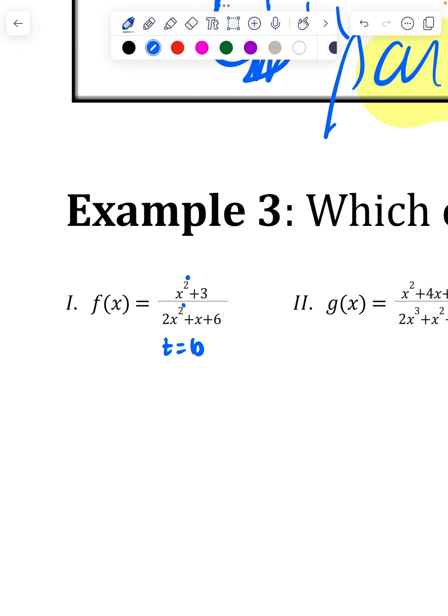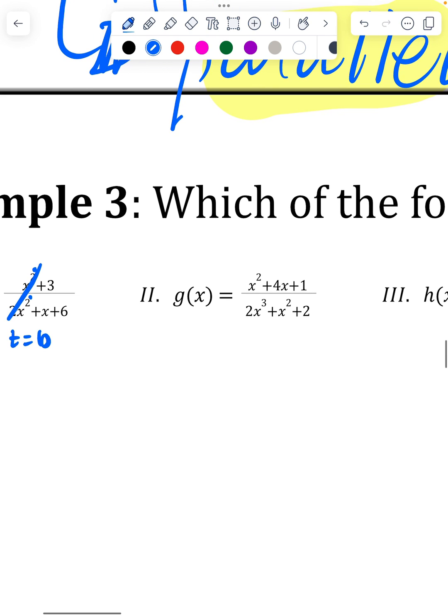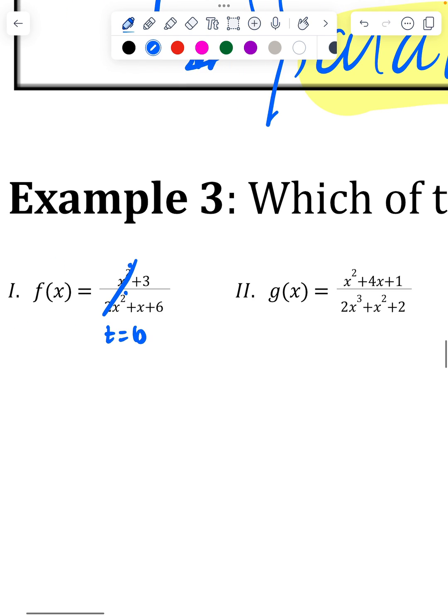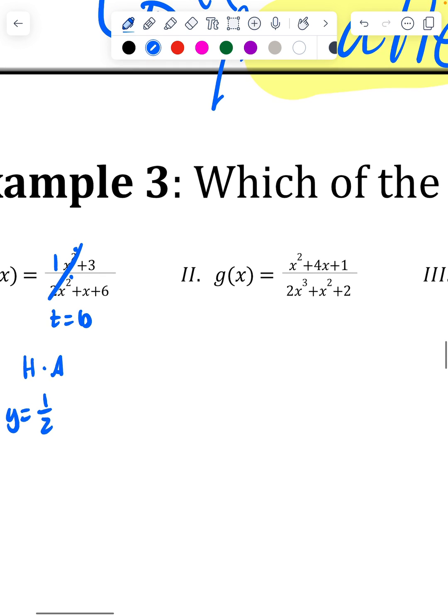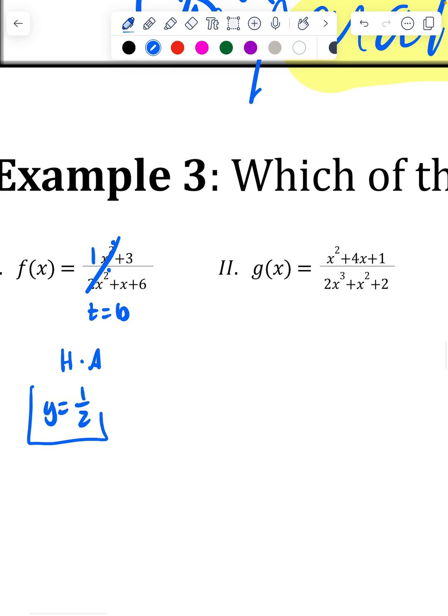See how they're both 2s? So that doesn't even have a slant asymptote. That would have a horizontal asymptote, and that would be located at y equals 1/2. Because I would still use the coefficients, but since the top and bottom are equal to one another, I just cancel out the x squareds, and what I'm left with is the value of my horizontal asymptote.